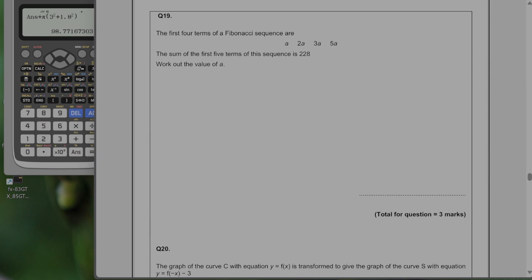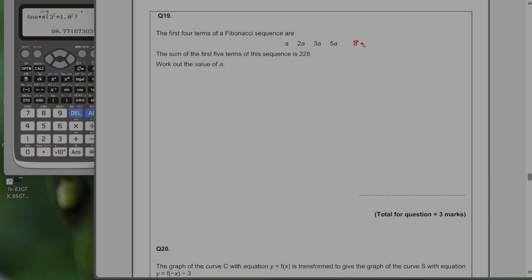Right, question 19. The first 4 terms of a Fibonacci sequence are A, 2A, 3A, 5A. The sum of the first 5 terms of the sequence is 228. Work out the value of A. So we've got 4 terms here. So the 5th term is going to be 3a plus 5a, so that's going to be 8a.